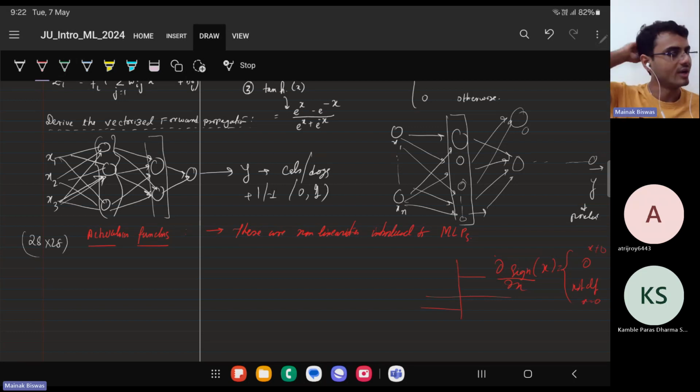So this is not a good activation function. Do you agree? Because derivatives are what you have to deal with. For optimization, we have seen that we need to take derivatives of functions, because we need to do gradient descent, right?